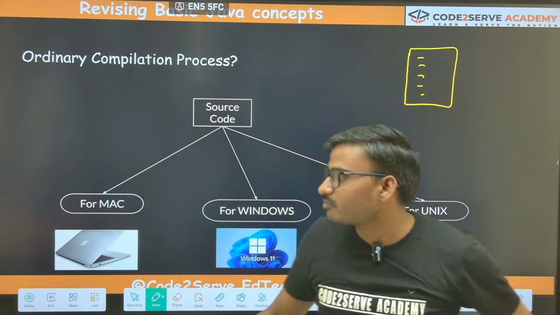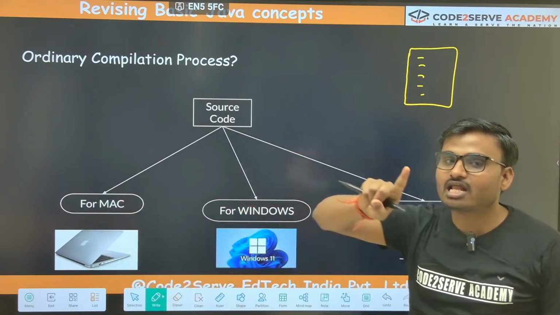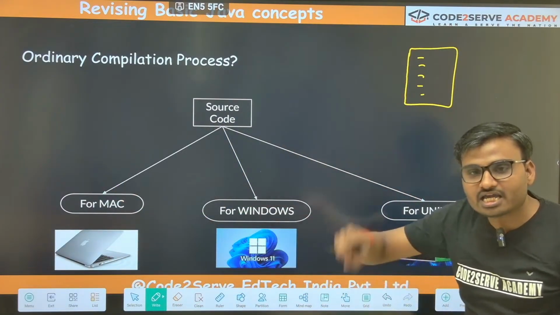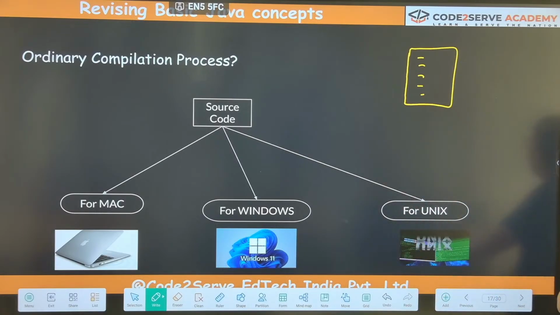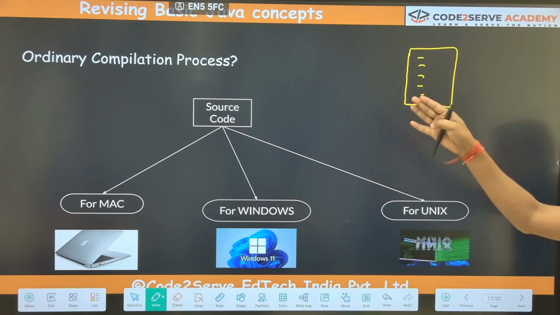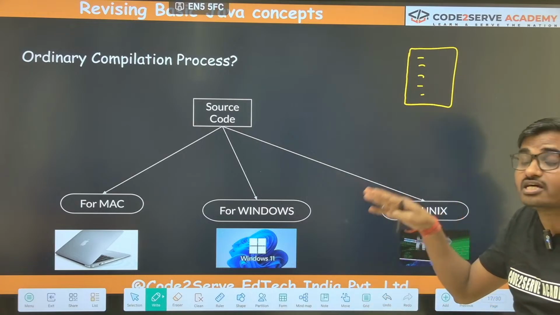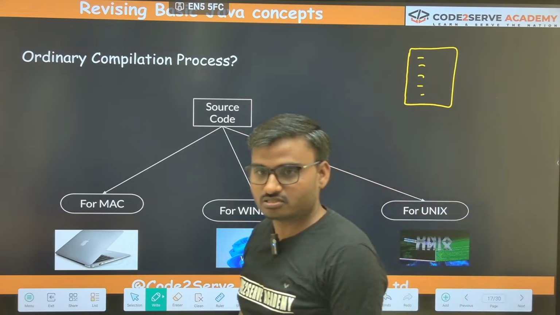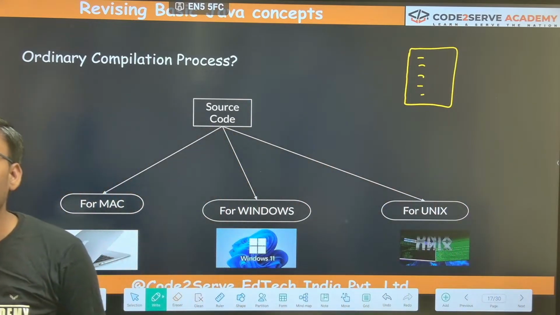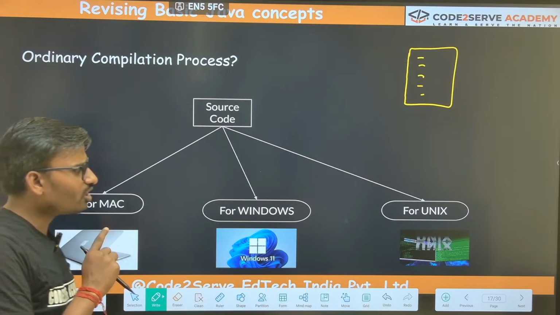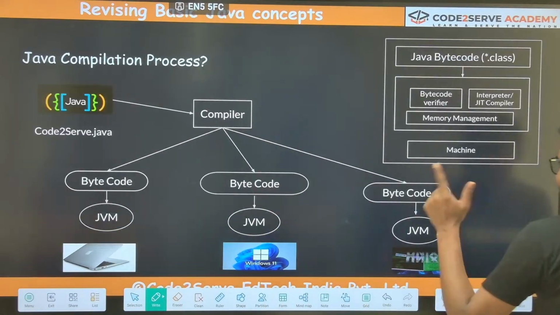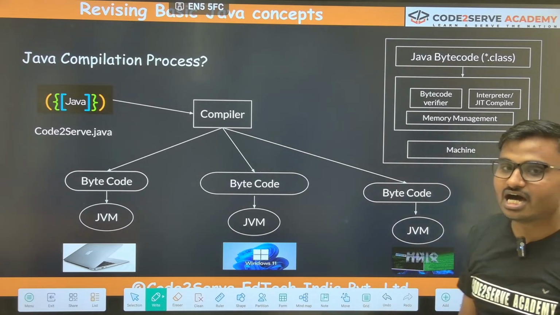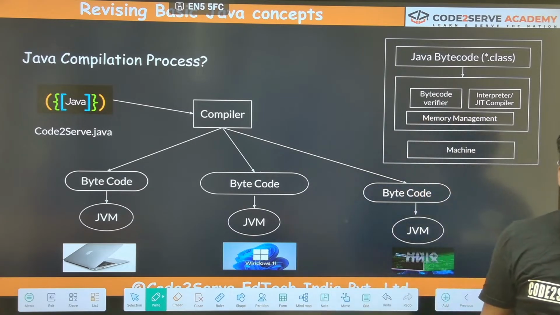Got my point? Suppose for this you wrote 1 lakh lines of code, for this again you have to write 1 lakh lines, and for this again 1 lakh lines. So this was the concept of the ordinary compilation process, how things were happening in earlier days. But now with Java, if you see this diagram, you will get the idea why Java is platform independent.